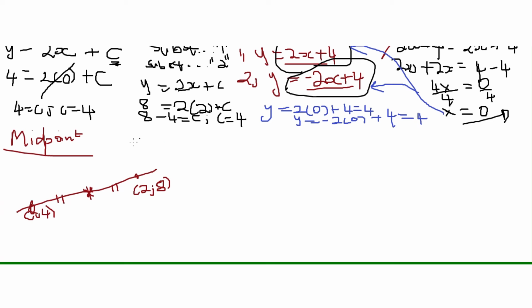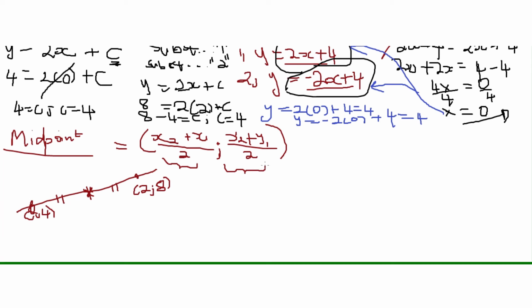And its formula is given as (x2 plus x1) all divided by 2, comma, (y2 plus y1) divided by 2. You see this comma here in the middle, it shows that this is going to be the x coordinate, this is going to be the y coordinate of the midpoint.